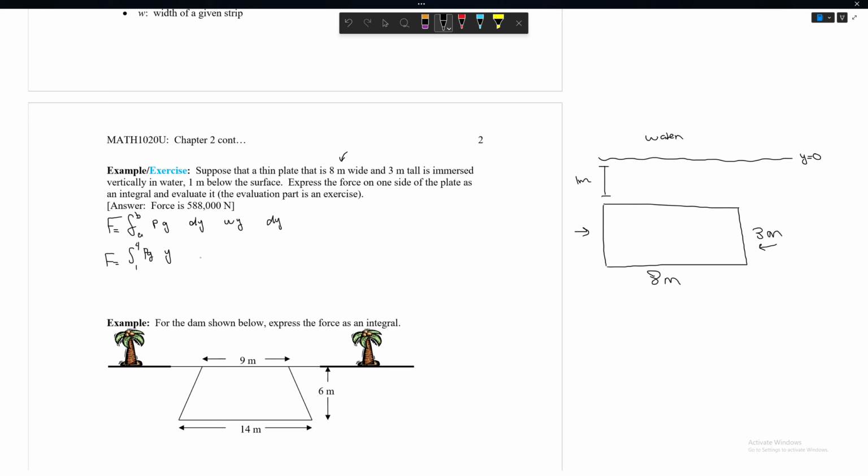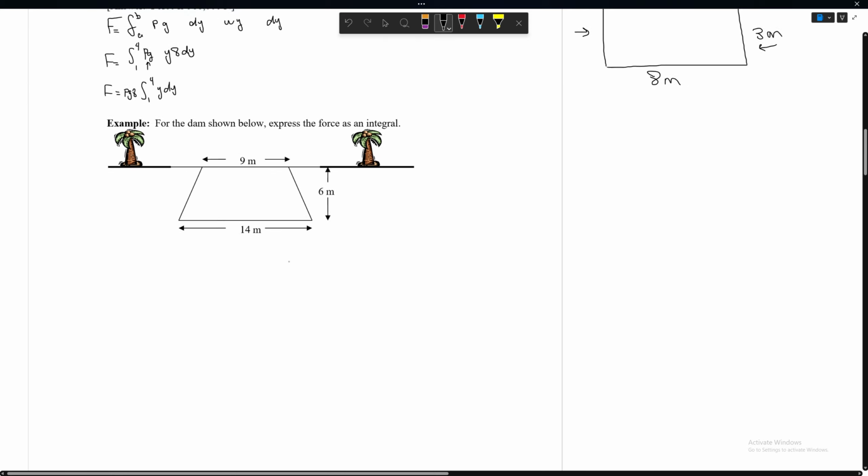This is linear, so it's just y. And then my width, I have it as 8 dy. Now from here, you can integrate. The p and g are constant, so they can come outside. The 8 is also constant, it can come outside. So what I'll get is F equals p, g, 8, and then the integral from 1 to 4 of y dy. And you can integrate from here, okay?